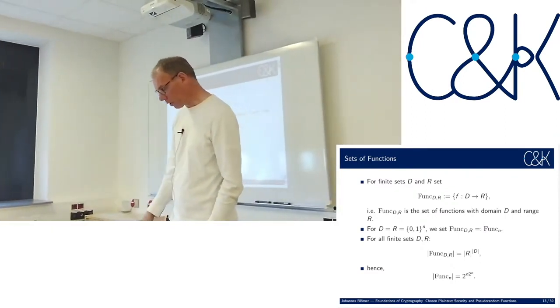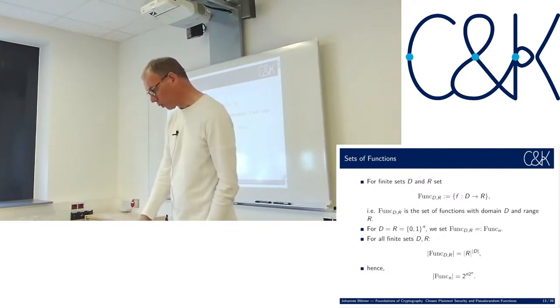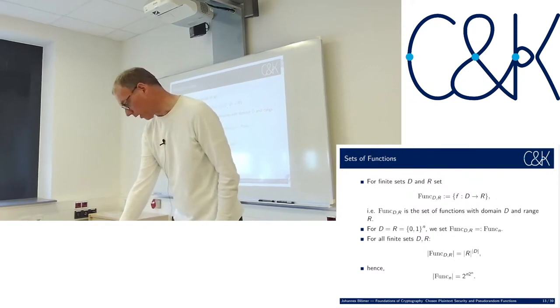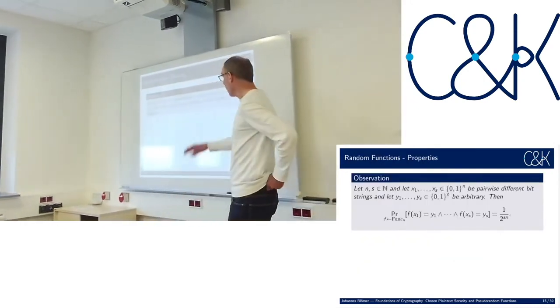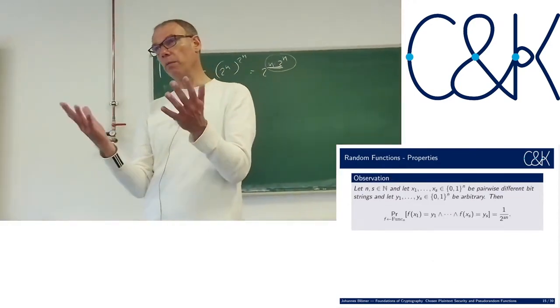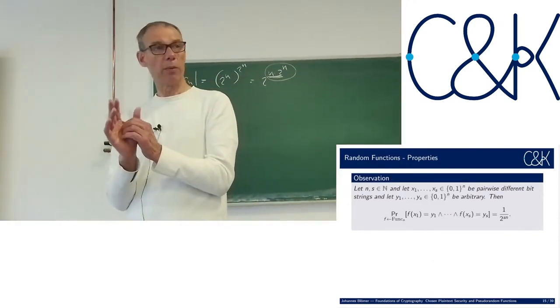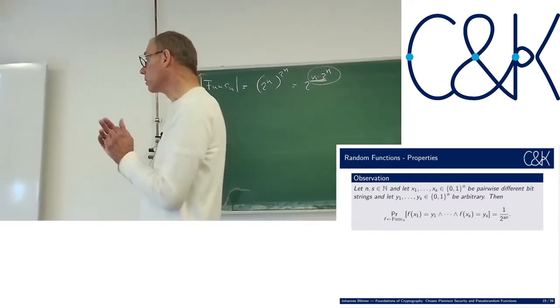And that they have this huge size will require us to use a certain way of defining things. Okay. And now we call a function generated by picking one uniformly at random from the set a random function on n bits.